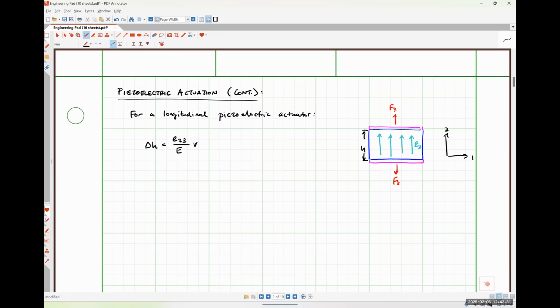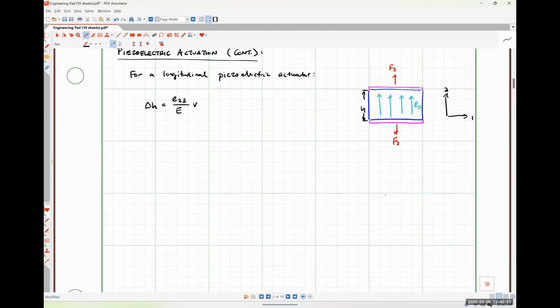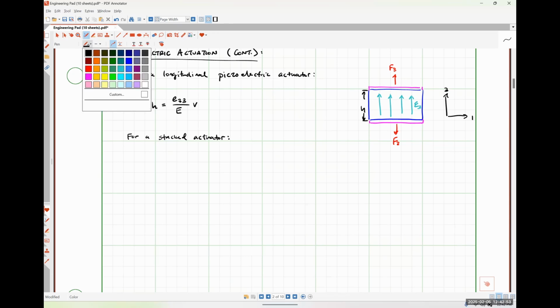That comes into play when we're dealing with those stacked actuators very specifically, right? So we had a quick thing where we had a stacked actuator. So let's just say for a stacked actuator, and I'll draw a quick picture. So that was something akin to this structure.